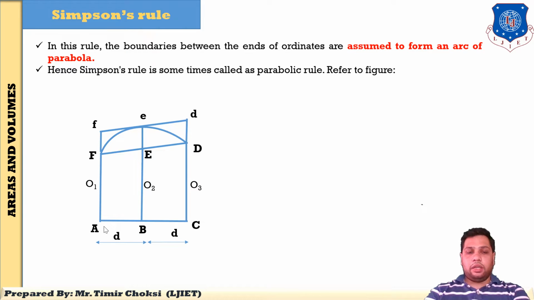So here our ordinates are O1, O2 and O3, with common interval distance D, and the boundary joining O1, O2 and O3 is in a parabola form, meaning a curve form. Now you have to find the boundary area from this figure.